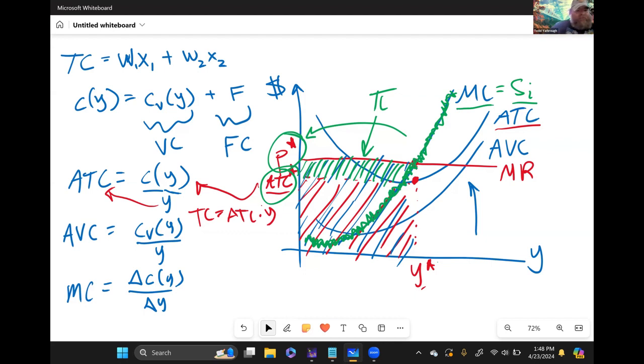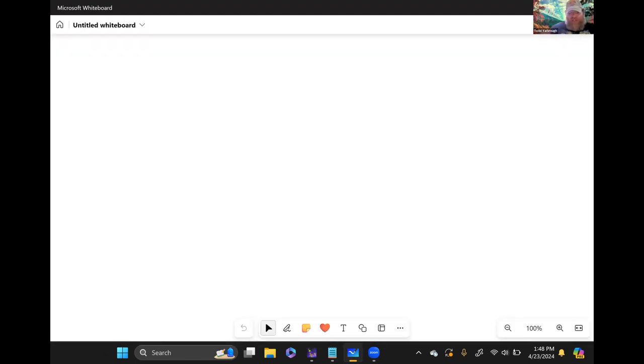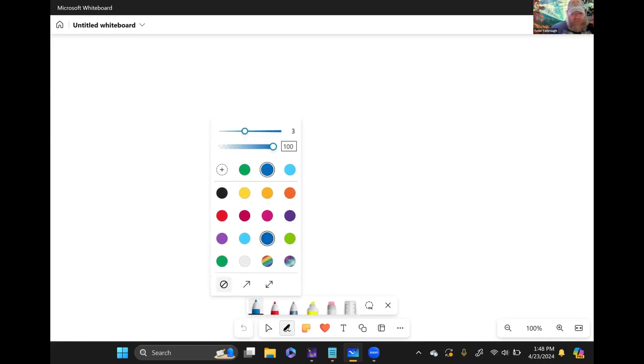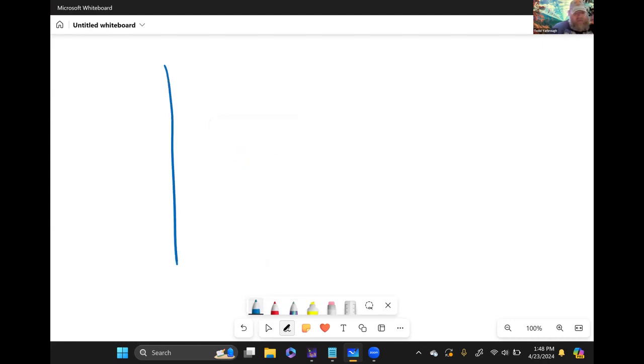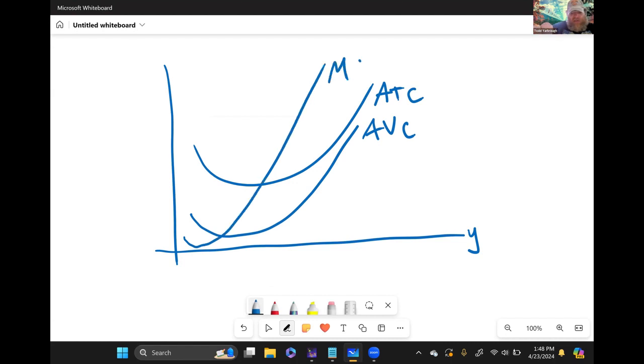Okay. Now, let me show you this in a little bit of a less convoluted way. So we have firm level output here. We have average total cost, average variable cost, and then marginal cost.